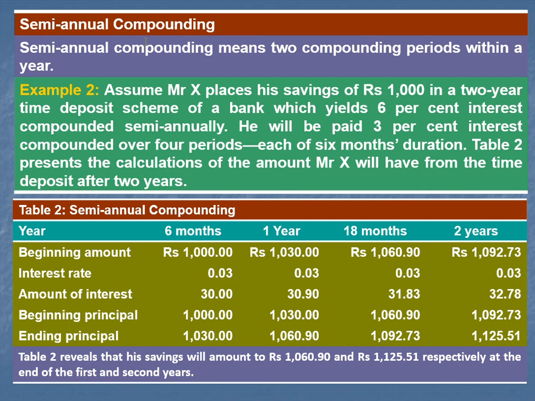In the table of semi-annual compounding, you can take 6 months, 1 year, 18 months, 2 years. The beginning is 1,000, the interest rate 3%, so the interest is 30. The beginning principal was 1,000, so the ending principal is 1,030. That ending becomes the beginning for the next period, so 1,030 again at 3%. We calculated the third and fourth periods like that.